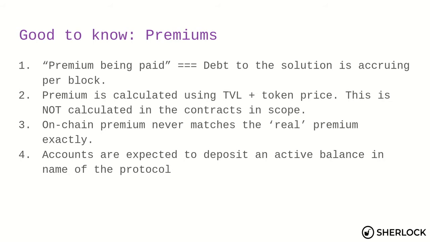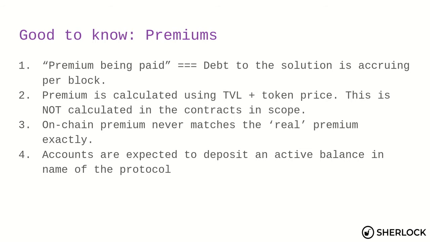The on-chain premium never matches the real premium exactly. So there's no update every block, because the TVL and the token price are always going up and down, and it never matches the exact premium, but that's fine.